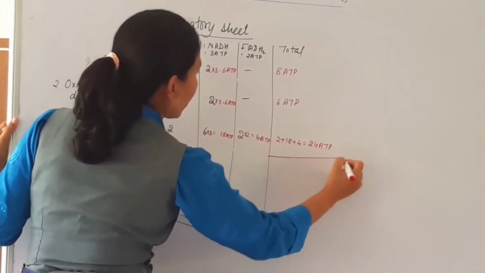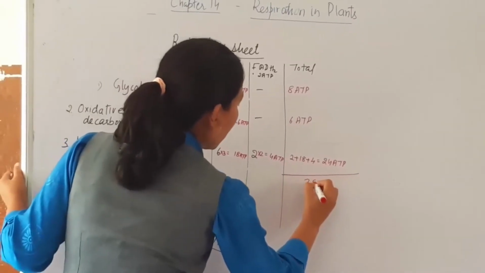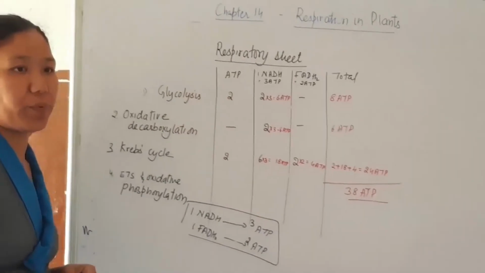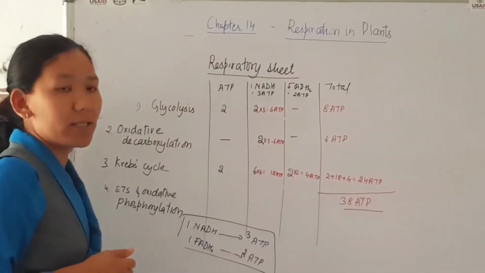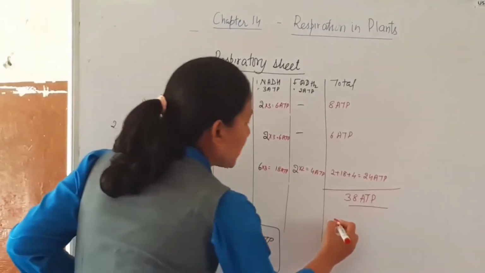And let's look at the grand total. So it will come at 38 ATP. So the total amount of ATP released is 38 ATP, but in other textbooks you will find it is 36 ATP.